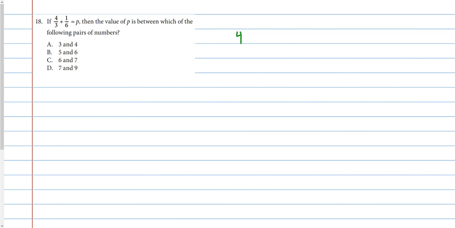4 divided by 3. Now, in order to divide by a fraction, what you do is you go ahead and flip that around. When you have a division and another division, it becomes multiplication. So we're going to flip this around.